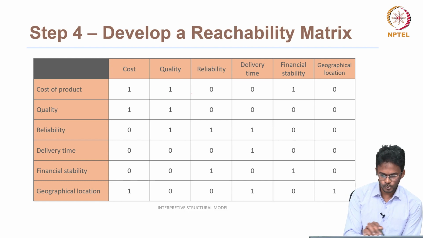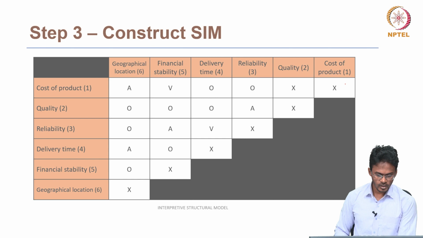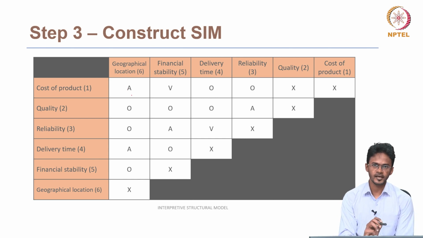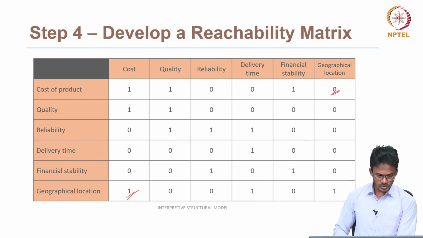Hence, for cost of product and geographical location, the value will be 0. At the same time, geographical location will directly influence cost of product because the relationship is A. So, as we can see here, geographical location directly influences cost.